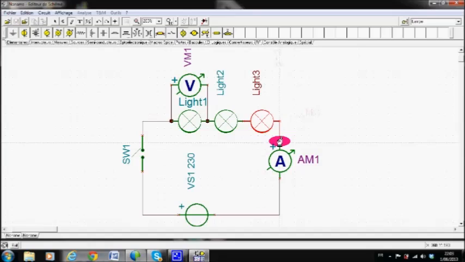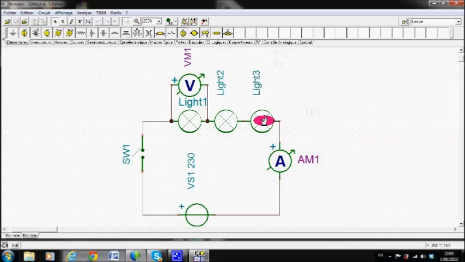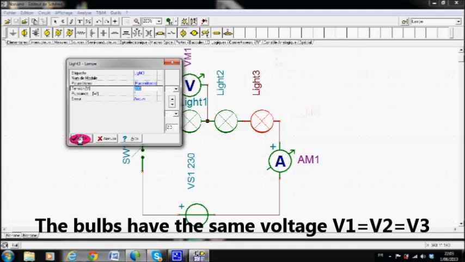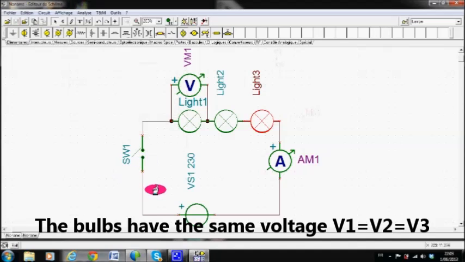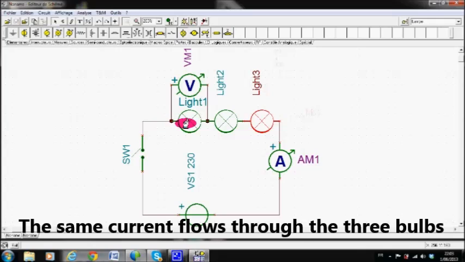So I have 3 electric light bulbs in my circuit, and they are all 230 volts. Remember that the current that flows through my circuit is the same at light 1, light 2, and light 3. So the current is the same.